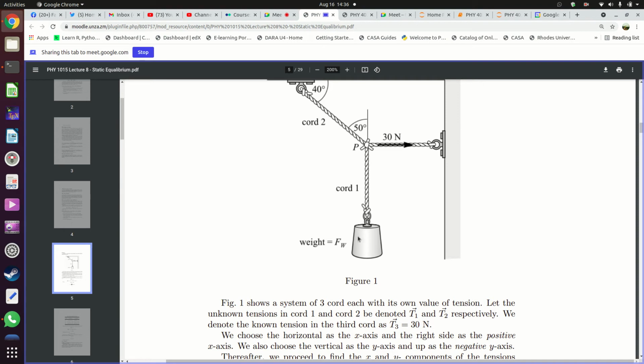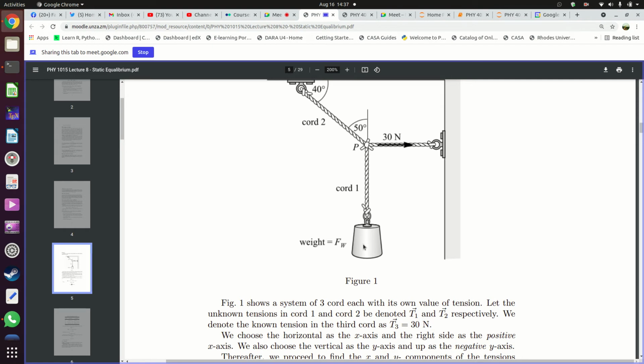The fact that this mass is not accelerating downwards but remains motionless means that the tension generated in this rope is equal to the weight of the object. The rope will generate an amount of tension equal to the weight.